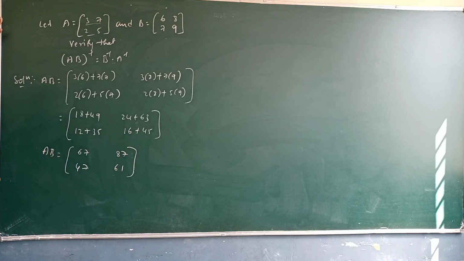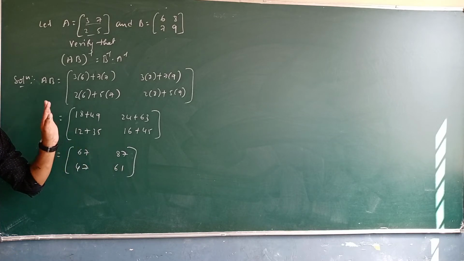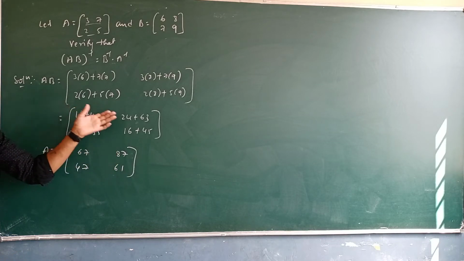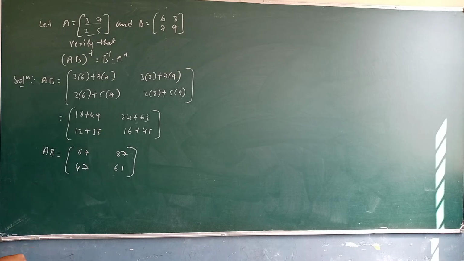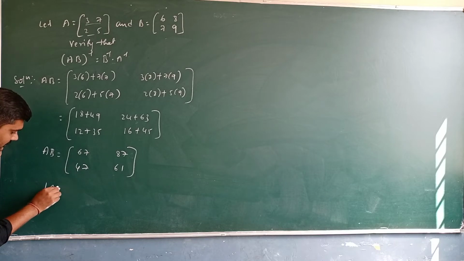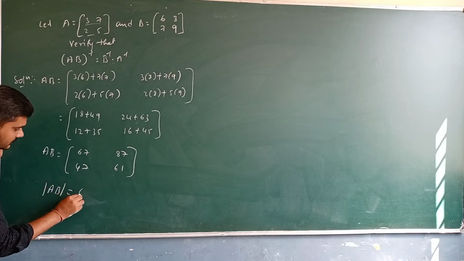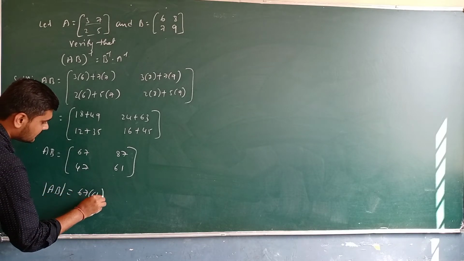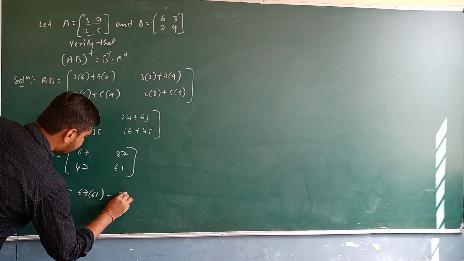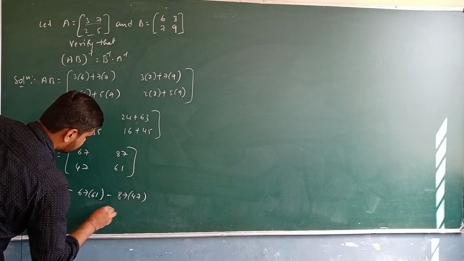We have obtained the matrix 67, 87, 47 and 61. We need to find the corresponding cofactors for these. Before the cofactors, we need to find the determinant of AB. So determinant of AB is equal to 67 into 61 minus 87 into 47.